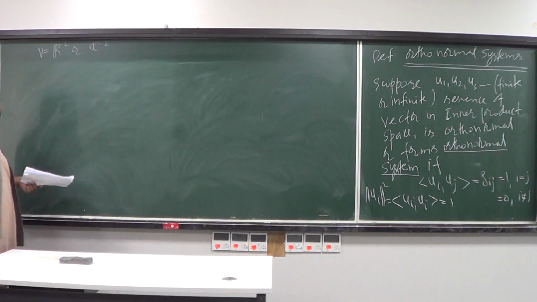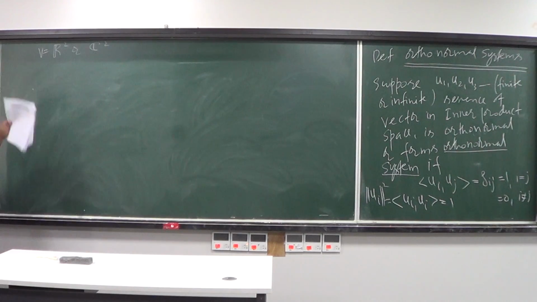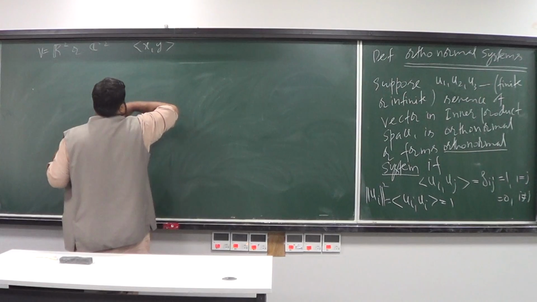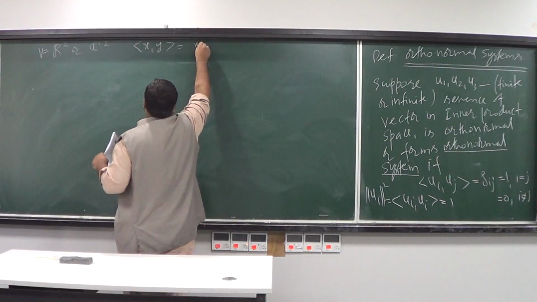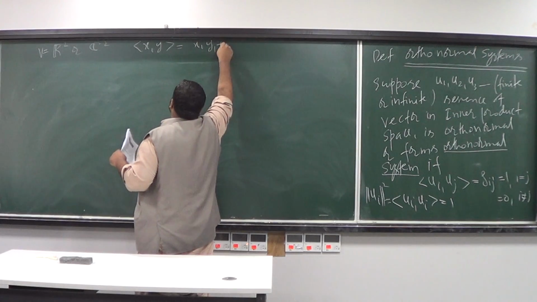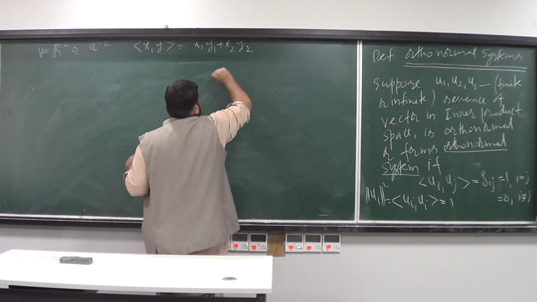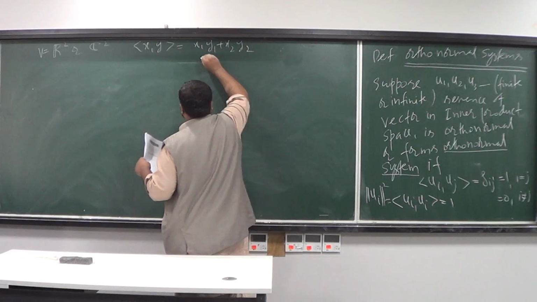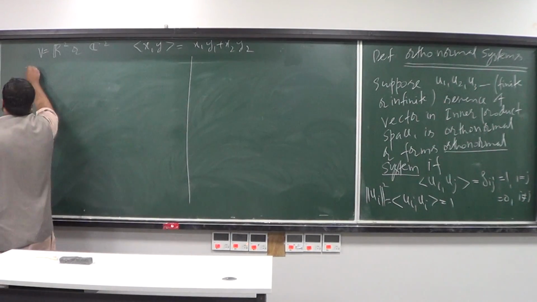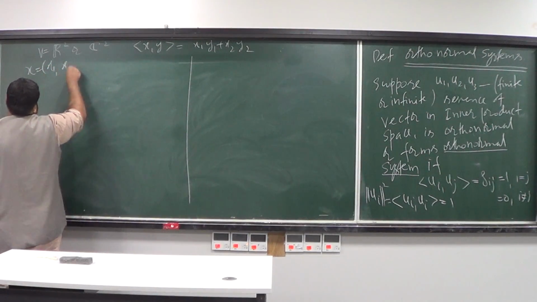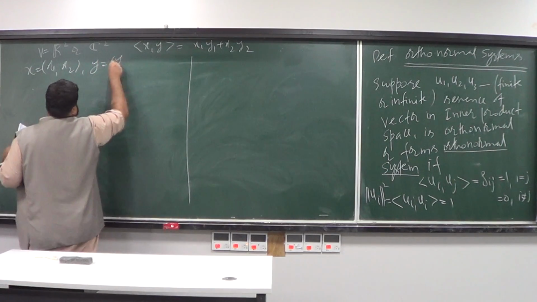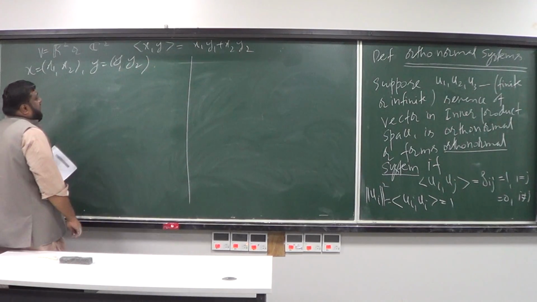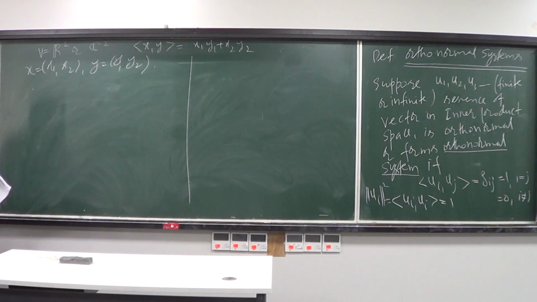If it's the two-dimensional plane, we know there is an inner product on R2: the inner product of x and y is x1 y1 plus x2 y2. In other words, it's simply the dot product, where x is a vector (x1, x2) and y is a vector (y1, y2).